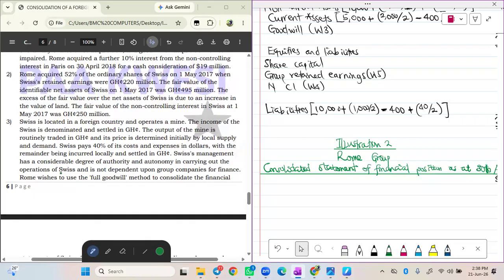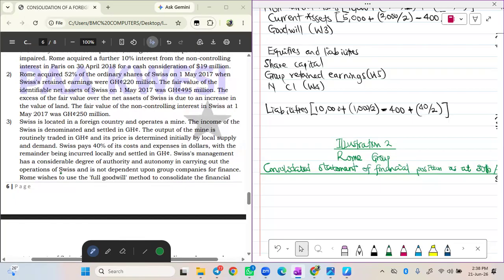The excess of the fair value over the net assets of Swiss is due to an increase in the value of land. The fair value of the non-controlling interest in Swiss at 1st May 2017 was 250 million Ghana cedis.